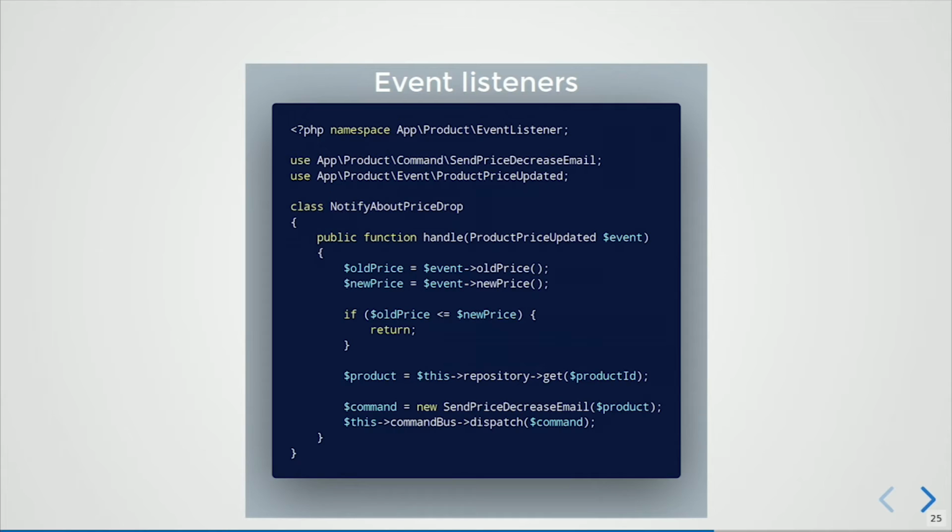So this is what I meant, an event listener cannot prevent other event listeners from receiving this event. It's like, I don't care about this event if there's a price increase. Maybe there's some other event listener that cares about only price increases. So it would have the check turned around.